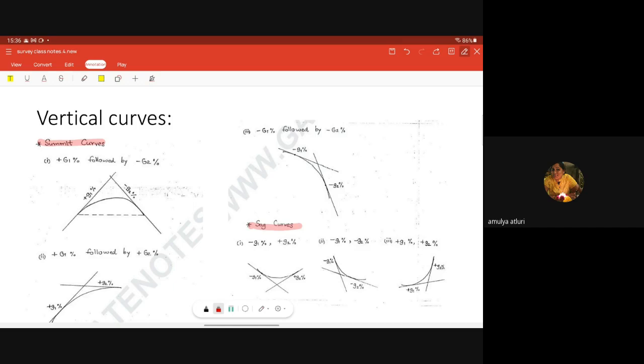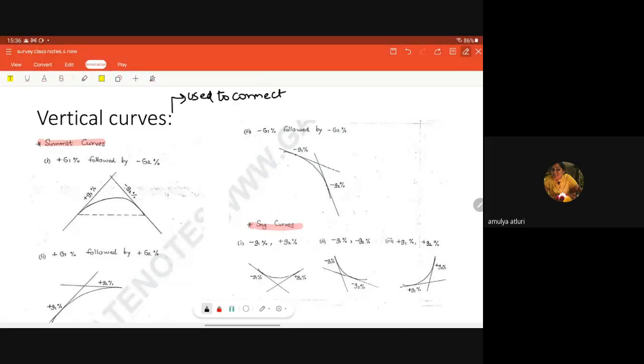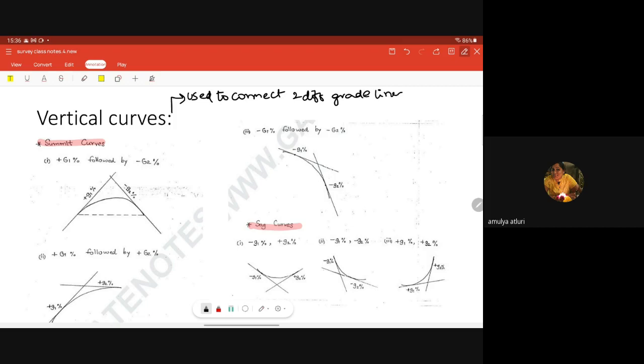These curves are nothing but like a parabola or circular arc.